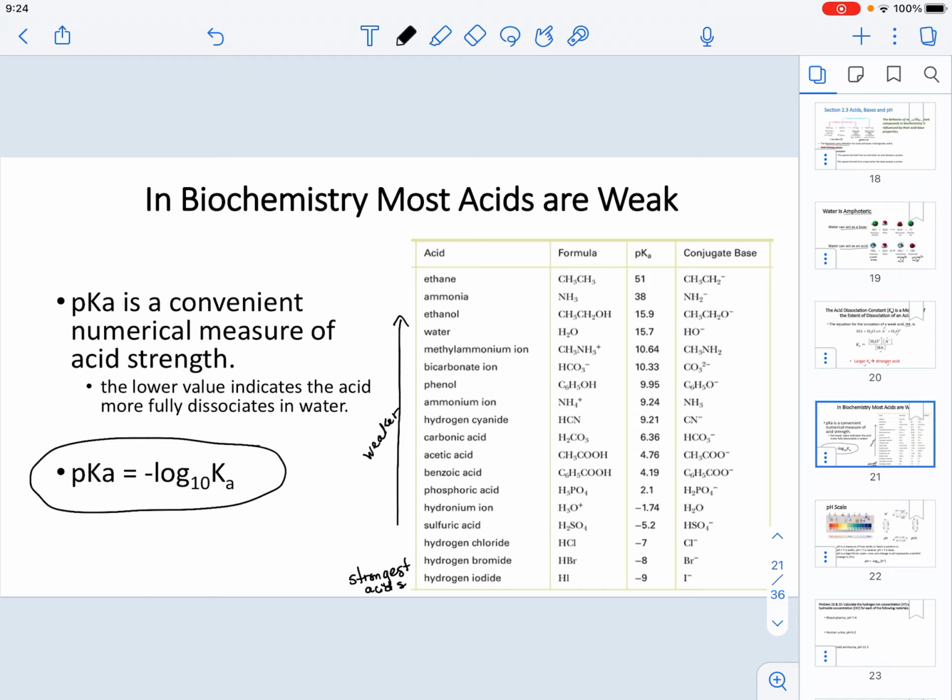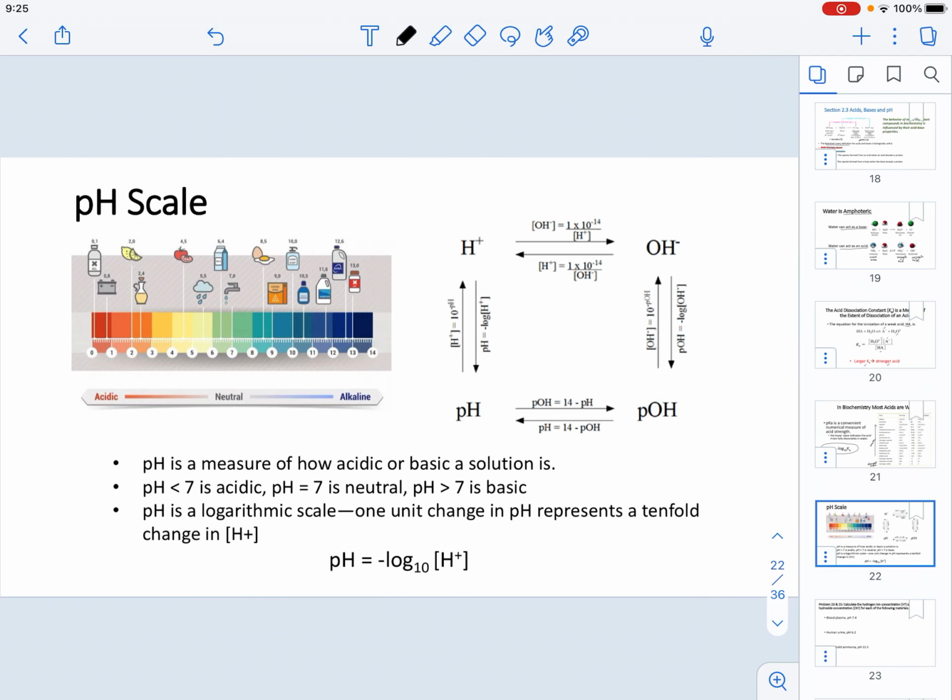But there is another scale that also gives us insight into the acidity, and in fact also gives us an overview of the basicity of the system, and that is the pH scale. This is a measurement that not only looks at acids, but also looks at bases, okay? So it tells you how acidic or basic a solution is.